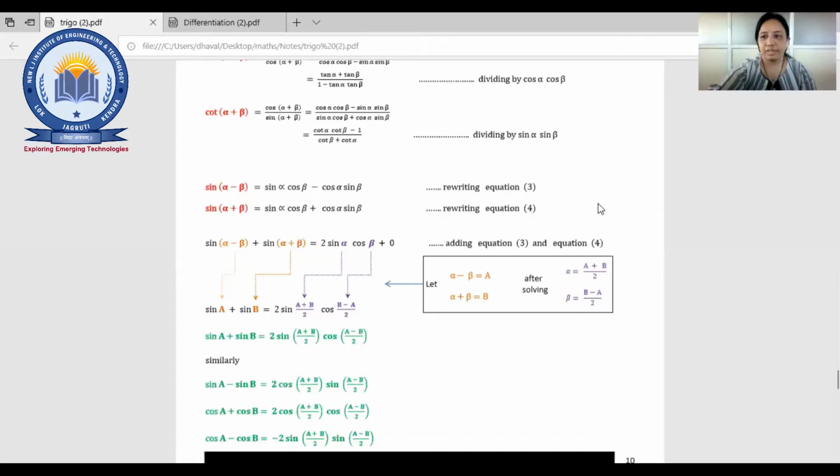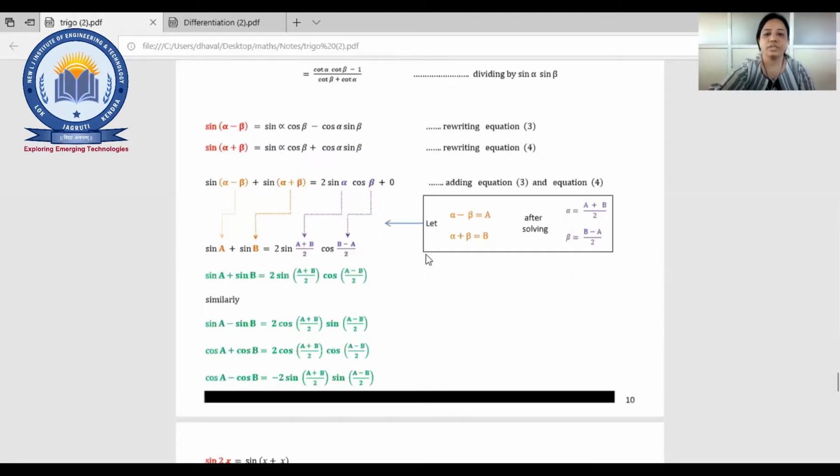In that, the last one we have seen was what? That is sine A plus sine B, right? Sine A plus sine B. So in that one, we have taken alpha plus beta.